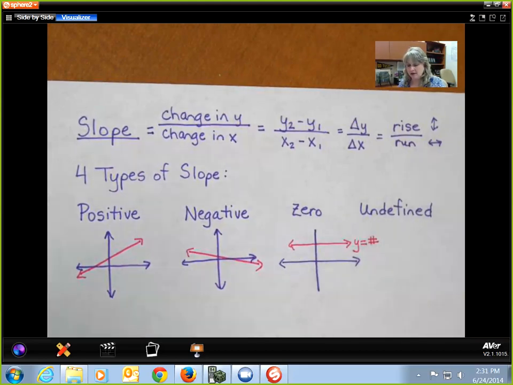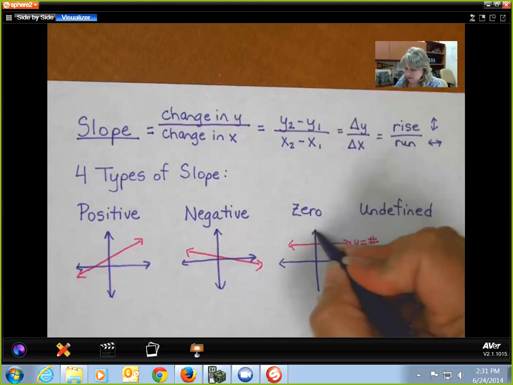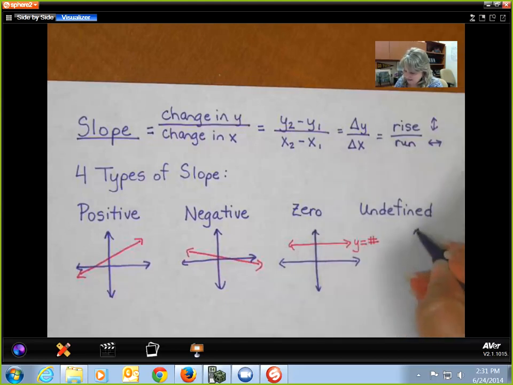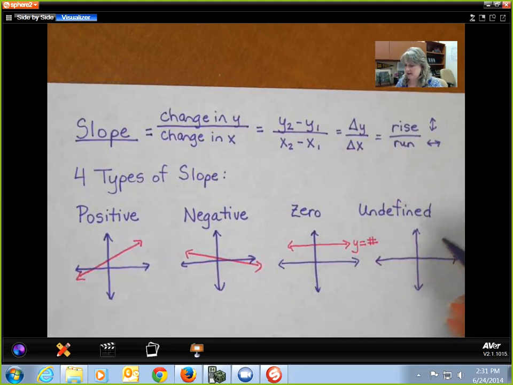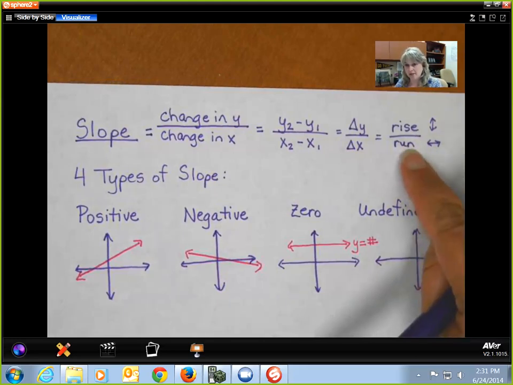Okay? And then the last one is when your slope is undefined. And again, we're looking at an xy axis. Of course, that's the y-axis. Here's your x-axis. An undefined slope means that your fraction's undefined. And the only way a fraction is undefined is when you have zero in the denominator. So that means the run part is zero. It's not going left or right.